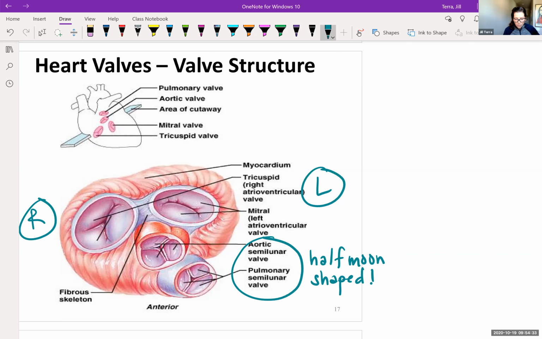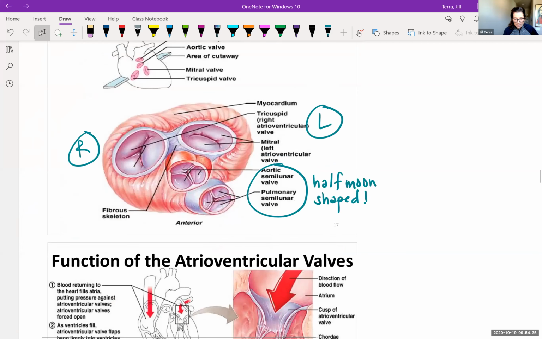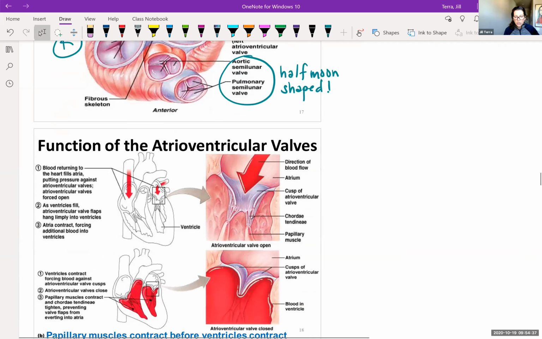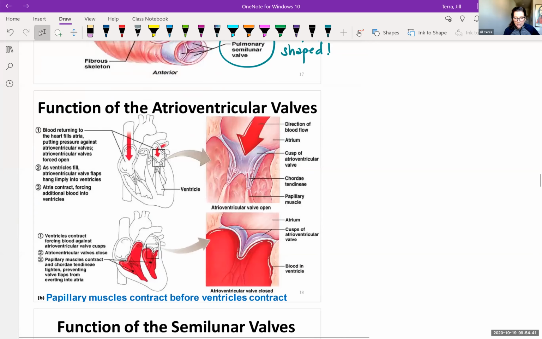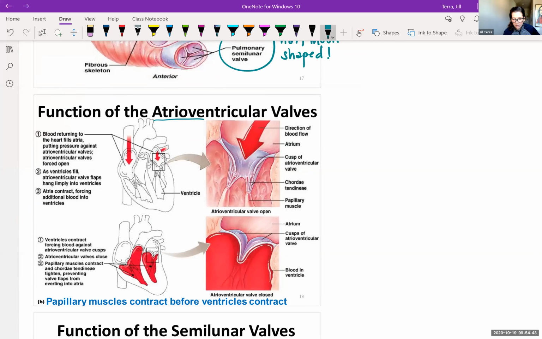Now, what's happening when the atrioventricular valves are working? So the atrioventricular valves, again, we're talking about the tricuspid and bicuspid valves. And again, they're called that because they live between the atria and the ventricles.